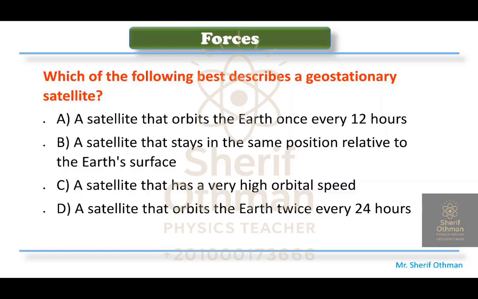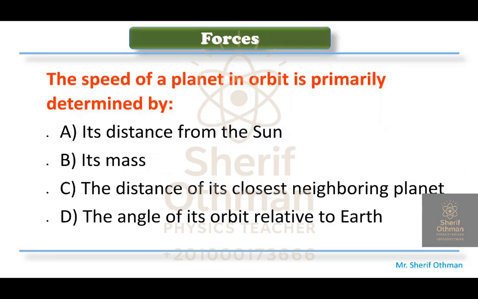It's a satellite which rotates at the same rotation speed as the Earth, so it seems to be stationary from the Earth's surface. So it's a satellite that stays in the same position relative to the Earth's surface. The speed of a planet in orbit is primarily determined by the distance of the closest neighboring planet.